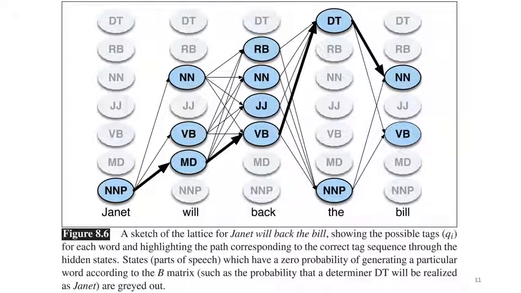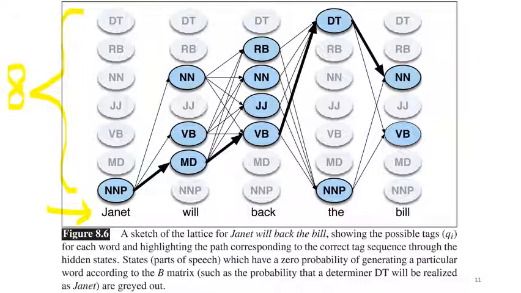So this is an illustration of what we are going to do in finding the correct tags. Suppose the sentence is as before, Janet will back the bill, and these are the possible tags that we have. Let's say we have 8 possible tags.